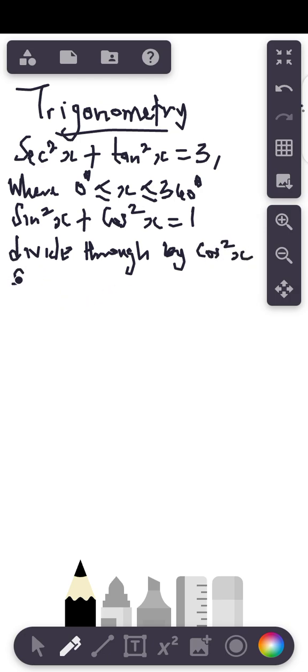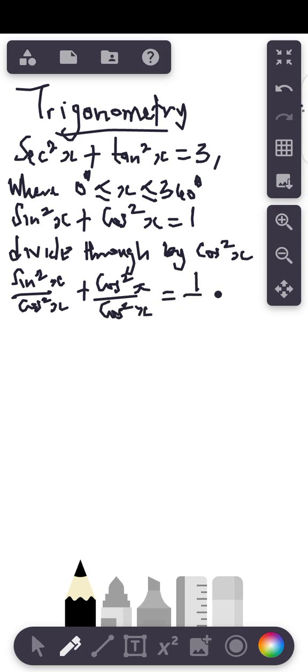So we have sine squared x divided by cos squared x plus cos squared x over cos squared x equal to 1 over cos squared x.